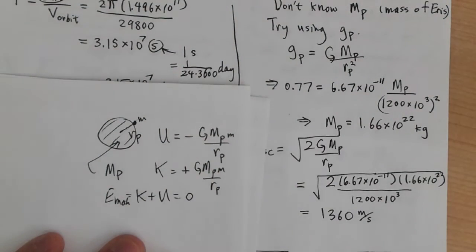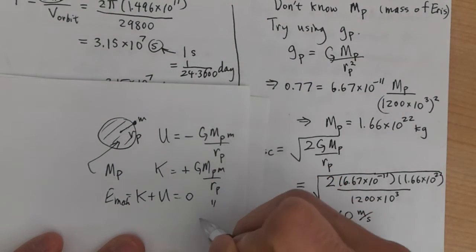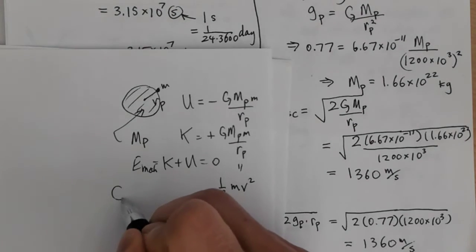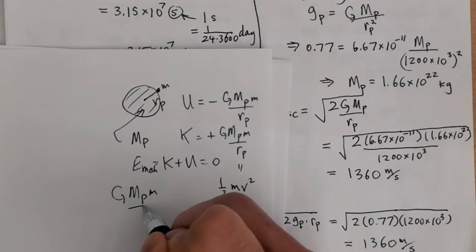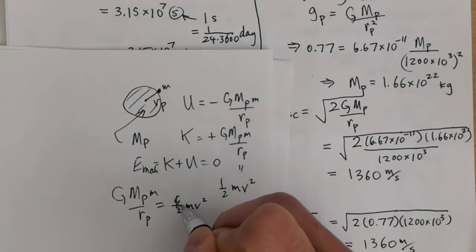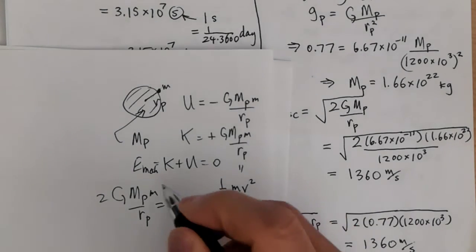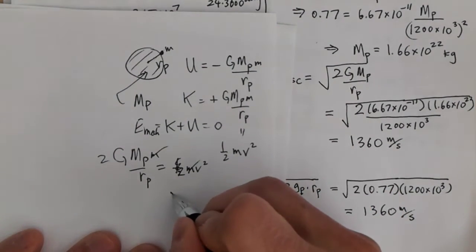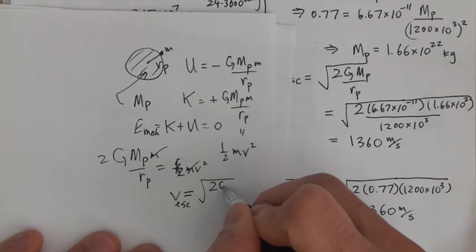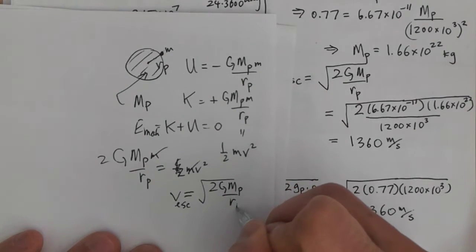It can go to outer space. Now, if you set this equal to 1/2 m v squared, then 2 G M_P m over R_P is equal to m v squared. Cancel the m, and we get v escape equal to the square root of 2 G M_P over R_P.